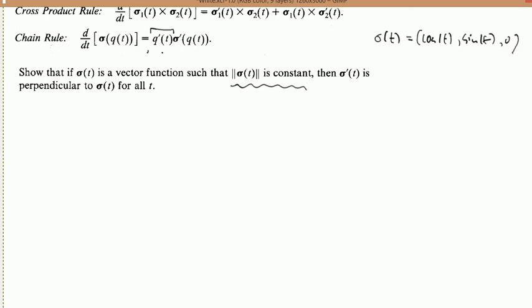Well, some of us answered that. That's the situation, and they're saying the velocity vector is perpendicular to the position vector, right? That's always what it says. So let's prove that.